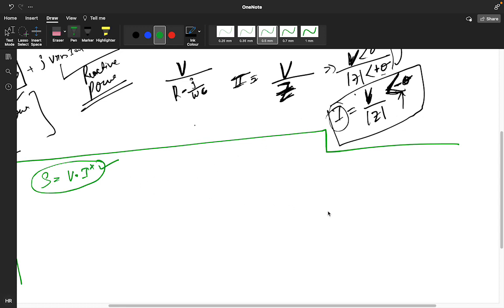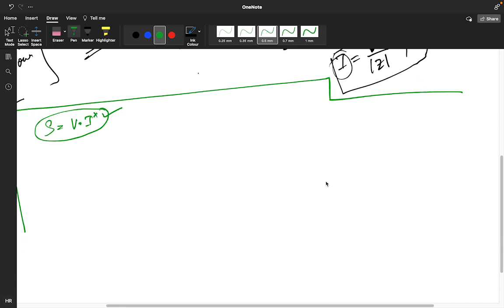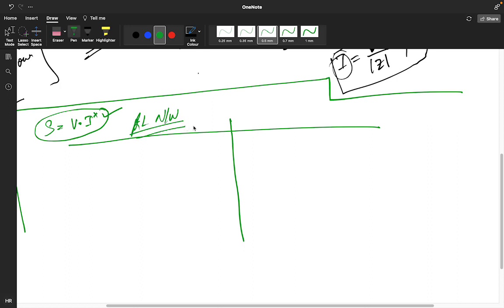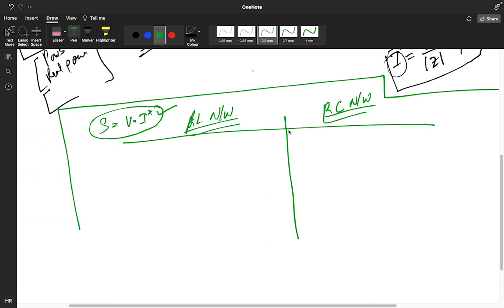Okay. So see, I am giving you a crux. This is your RL network, this is your RC network.